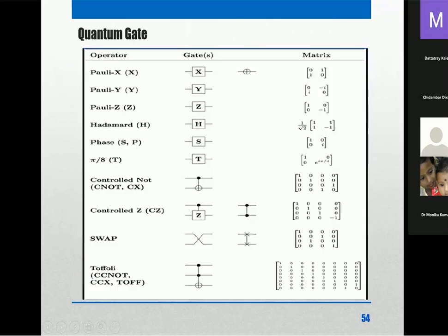So these are the different gates used to analyze or use in a quantum computer. One is Pauli X, where the matrix represents 0, 1, 1, 0. On the next row, Pauli Y, that is 0, minus i, i, 0, and Pauli Z, that is 1, 0, 0, minus 1. Hadamard gate, we can use 1 upon square root of 2, that is 1, 1, 1, minus 1.